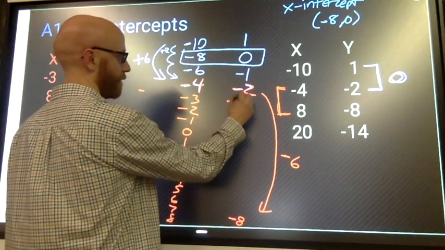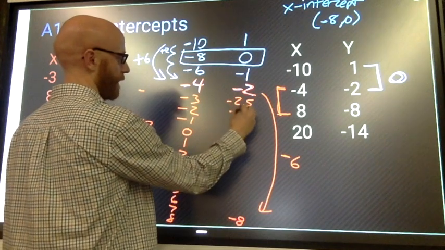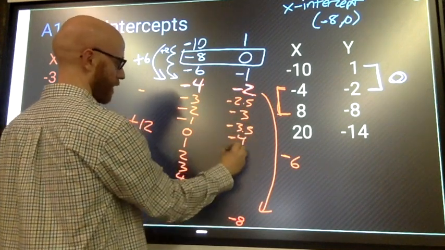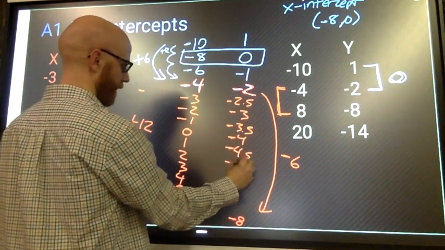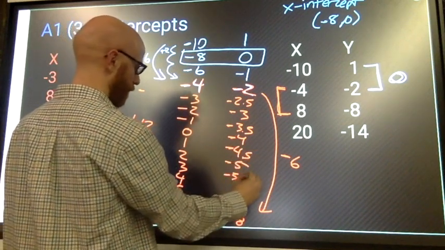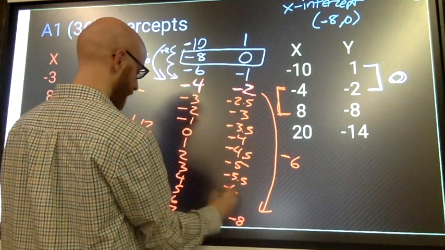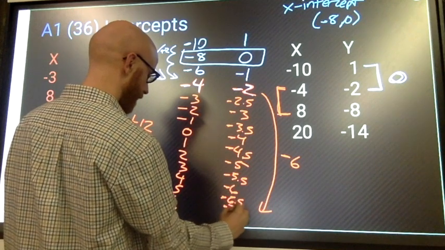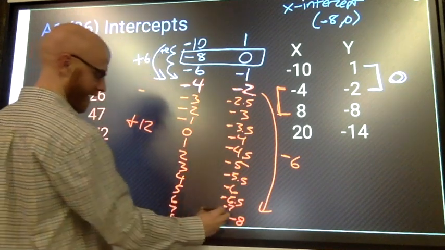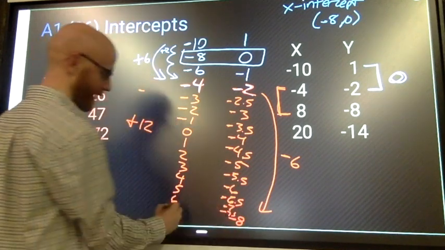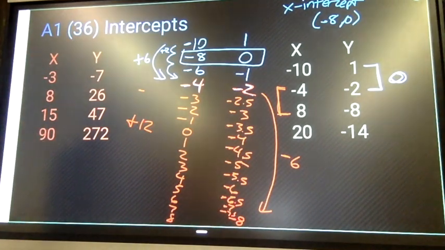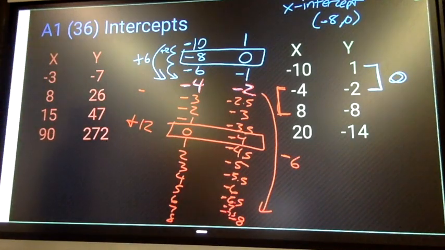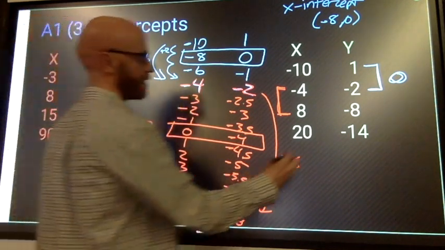So this would be -2.5, -3, -3.5, -4, -4.5, -5, -5.5, -6, -6.5, -7 goes with that 6, -7.5 goes with that 7, -8. Okay? The thing I'm looking for is this 0, -4. That's my y-intercept.